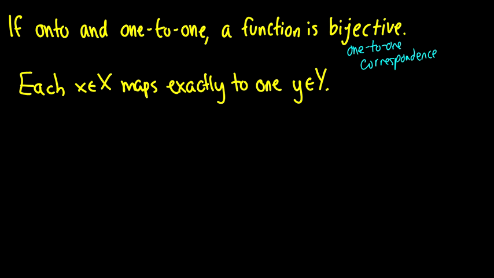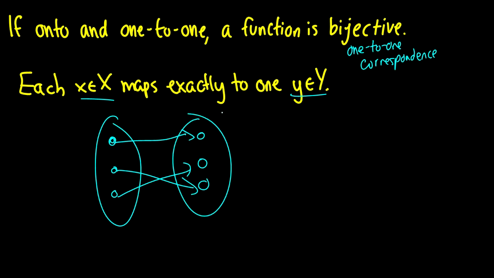And basically what that says is that each x in our domain maps to exactly one y in the codomain, and it hits every single y value. So if we have 3 elements in the domain, we have 3 elements in the codomain, and each of these will map to exactly 1 in the other.